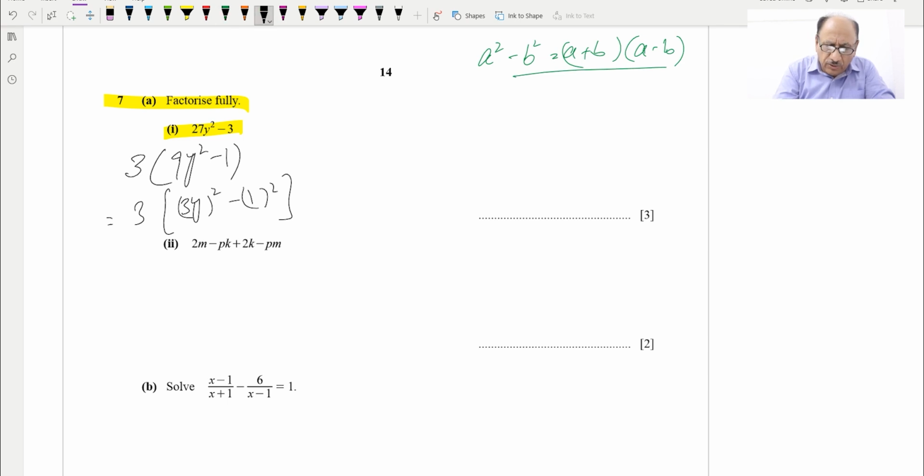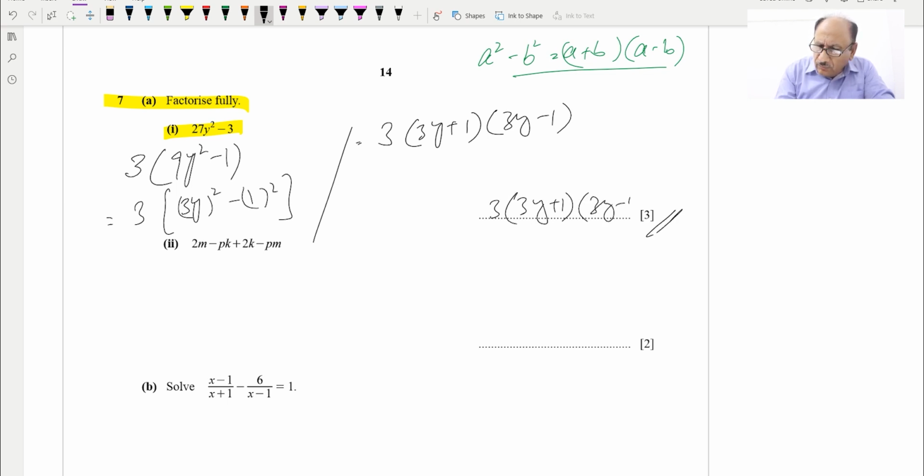Applying this formula, this will be 3 into 3y plus 1 and 3y minus 1. This will be the final answer for 3 marks.